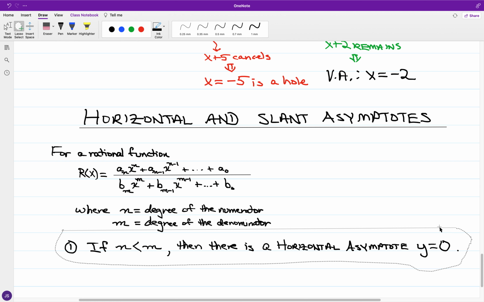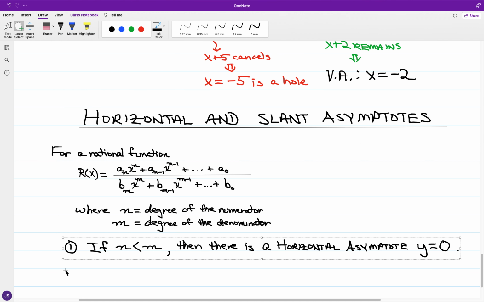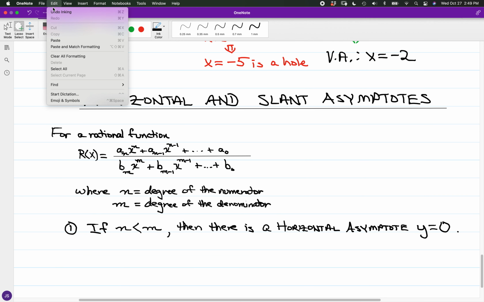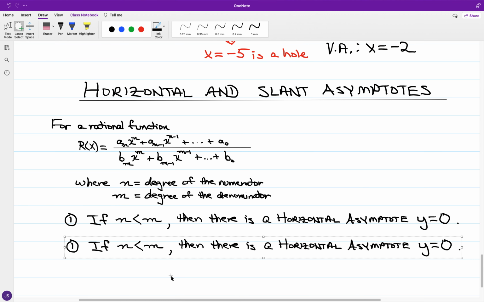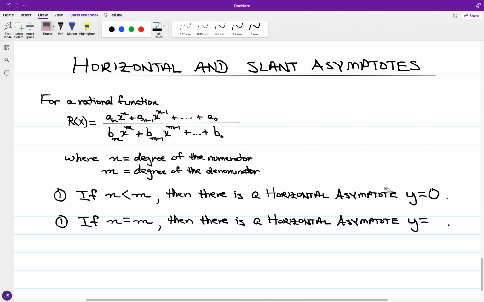Now for the next case, going from n less than m to where n is equal to m, you're going to have another horizontal asymptote. Instead of being negligible, this is going to come down to taking the ratio of the highest degree terms, which will come down to a constant.